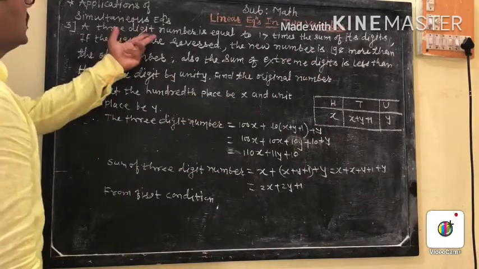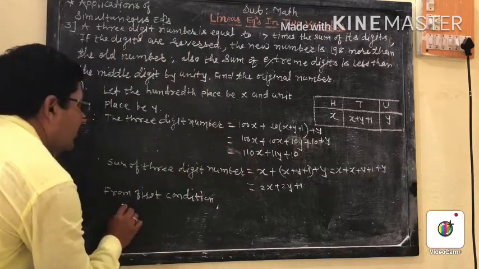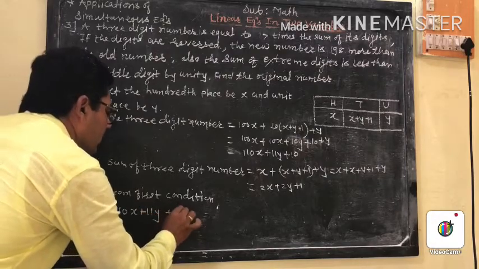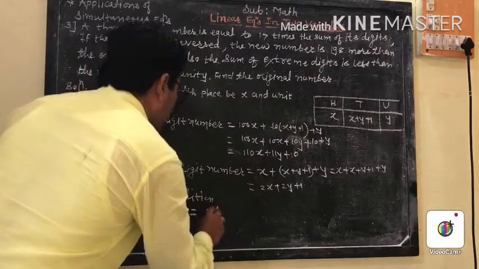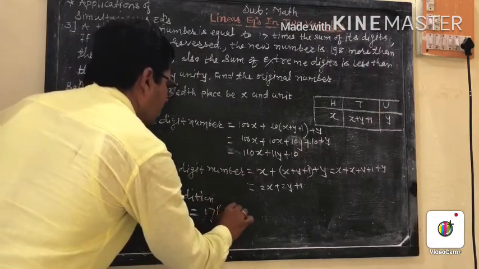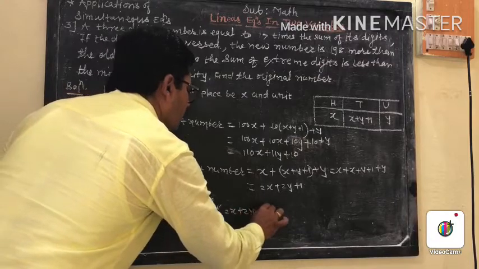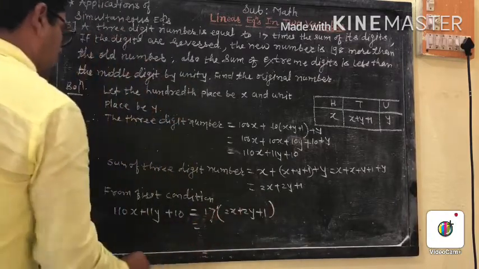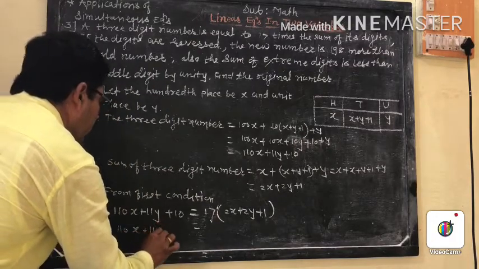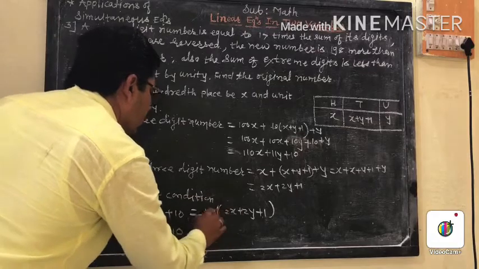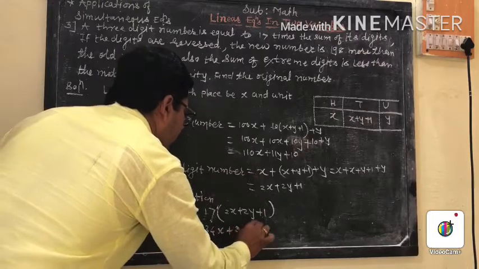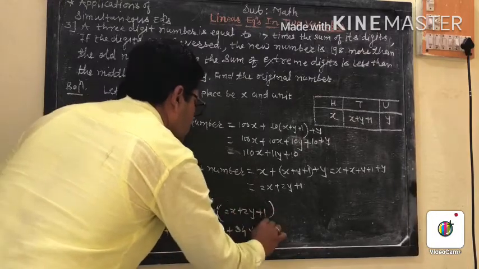Means the 3-digit number is this number, 110x plus 11y plus 10, is equal to 17 times, means 17 into 2x plus 2y plus 1. You get the equation 110x plus 11y plus 10 is equal to 17 into 2x plus 2y plus 1, which is 34x plus 34y plus 17.